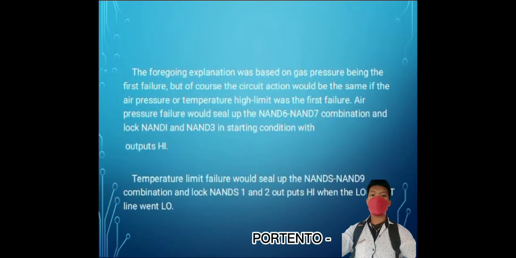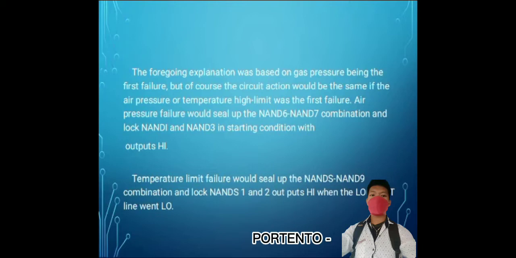The foregoing explanation was based on gas pressure being the first player, but of course the circuit action would be the same if the air pressure or temperature high limit was the first player.